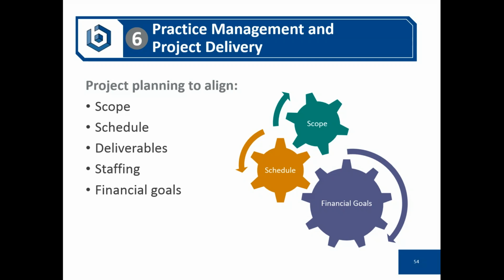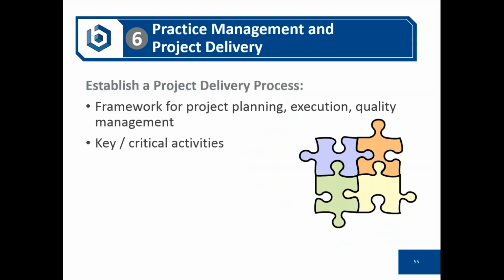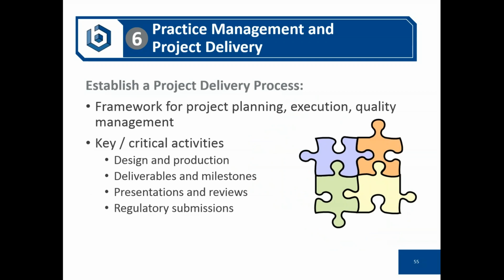You start with planning. When you've received your fee, you want to plan your scope, schedule deliverables, the staffing you're going to assign, what those financial goals are, overhead rates, that sort of thing, everything to enable you to properly budget your project. If you have a project delivery process, it can be a framework for project planning, execution, and quality management.